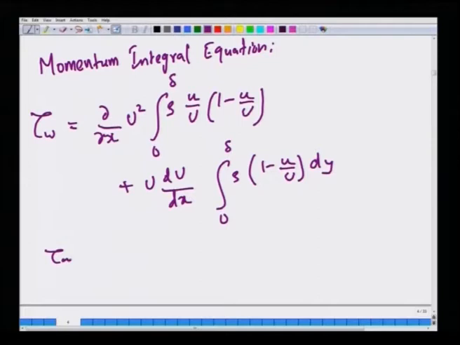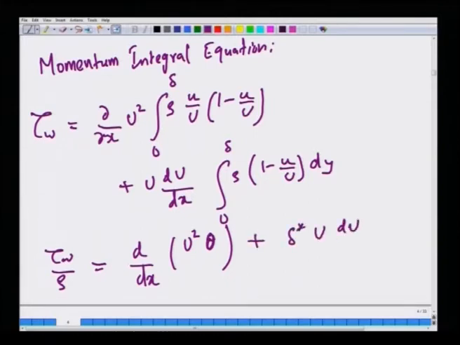After using the definitions of the momentum and displacement thickness, this is simply d dx of U squared theta plus delta star U dU dx.